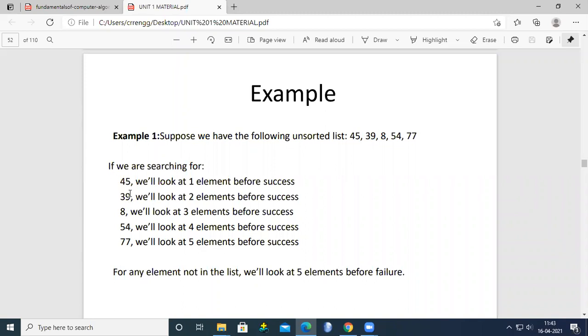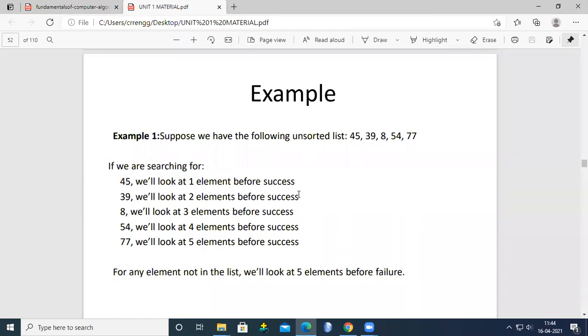Now consider 39. We will look at two elements before success. That means you are comparing the array elements with the required element. Suppose you want 39. Check with the first element. First element is 45, not matched. Check with the second element. Second element is 39, this is matched. You require a key that is 39, and these two are matched.